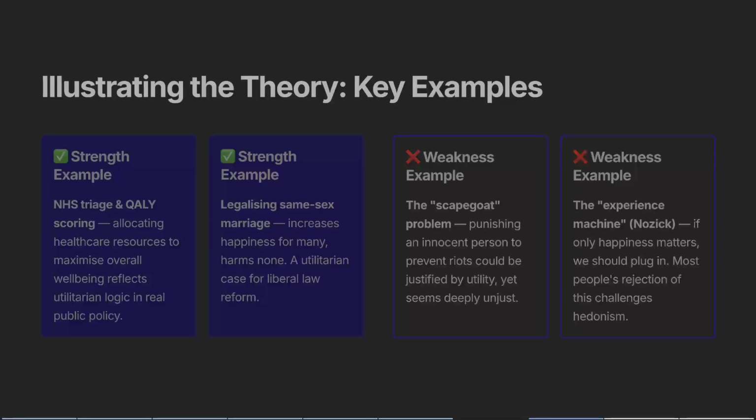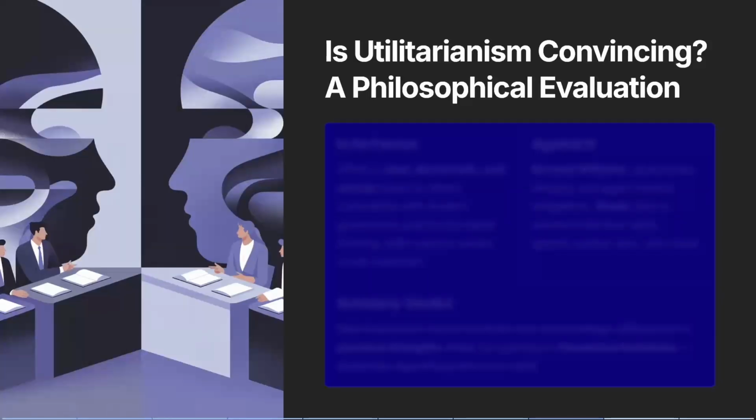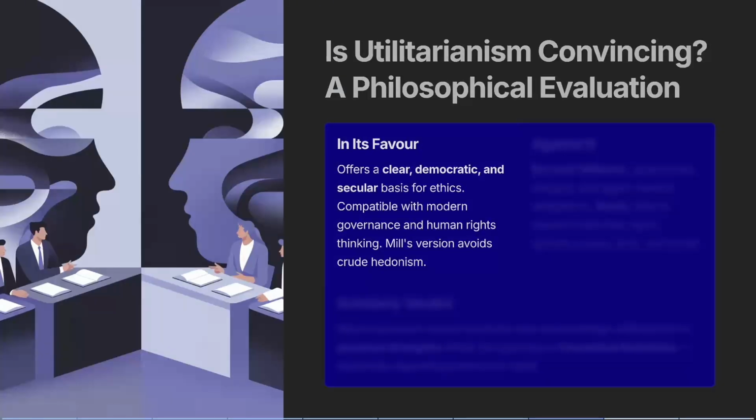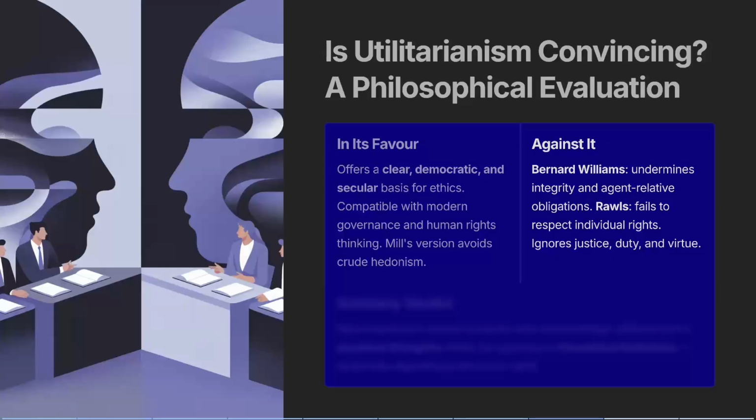And so we have to ask the question, is utilitarianism ultimately convincing? Supporters will argue that the theory captures something very important about morality: the idea that our actions should promote human well-being and reduce suffering.